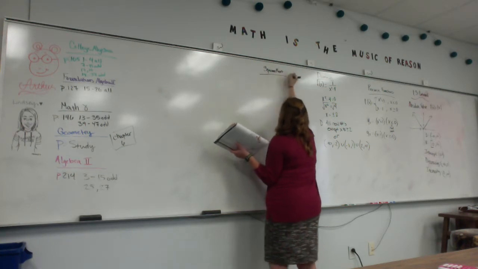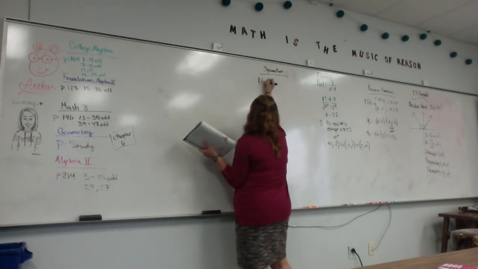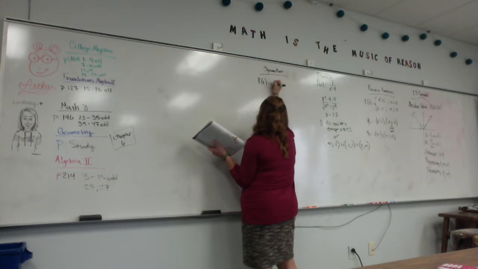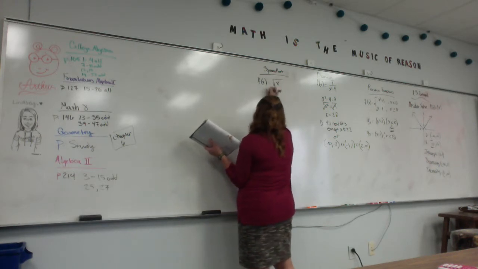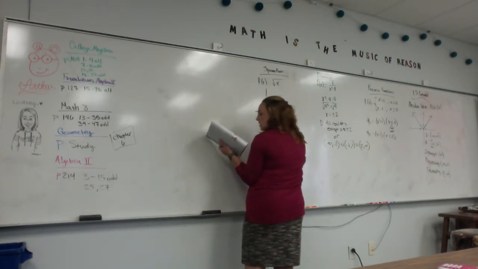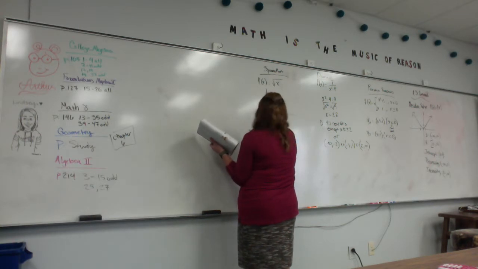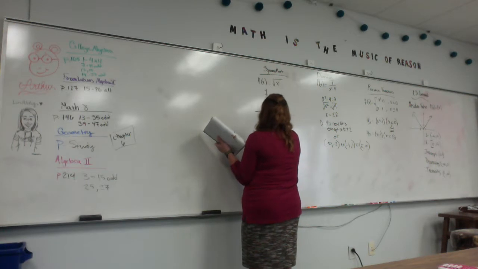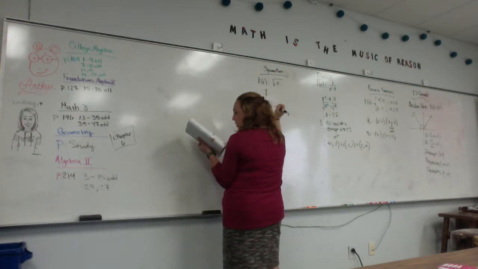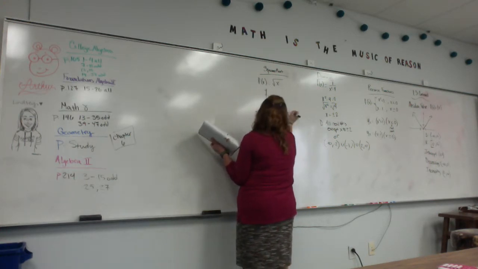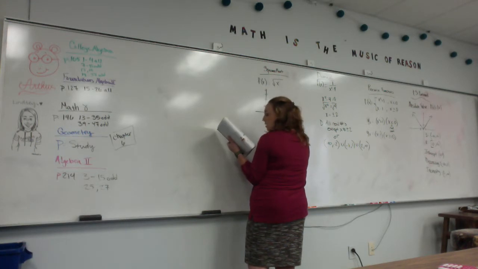Remember that the square root function, as its parent form, is f of x equals the square root of x. And your graph looks like this. Starts at 0, 0. If you take the square root of 1, you get 1. You take the square root of 4, you get 2, correct?